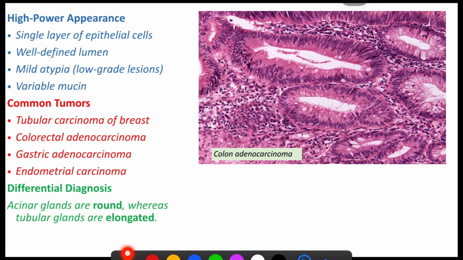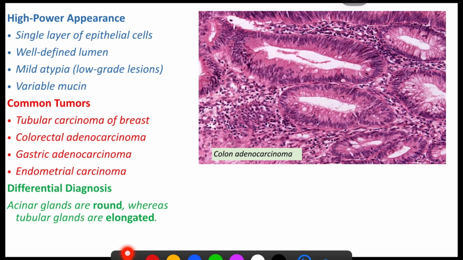In high power, first of all you have to see elongation of the gland, a tubule like pattern, single or multiple layers of epithelium with well defined lumina, atypia, and sometimes mucin. Common examples are tubular carcinoma of breast, and colorectal, gastric and endometrial carcinoma show this type of appearance.